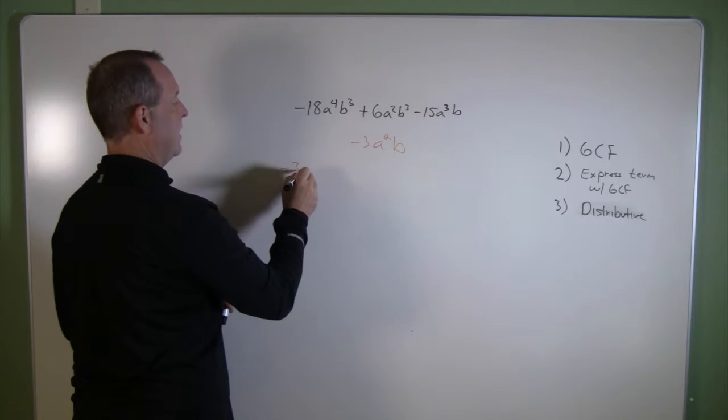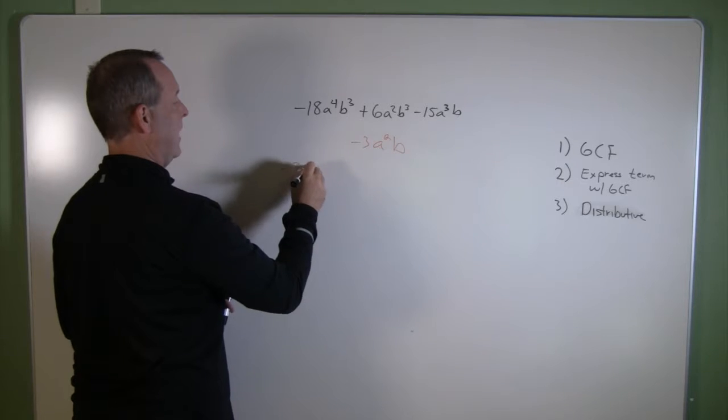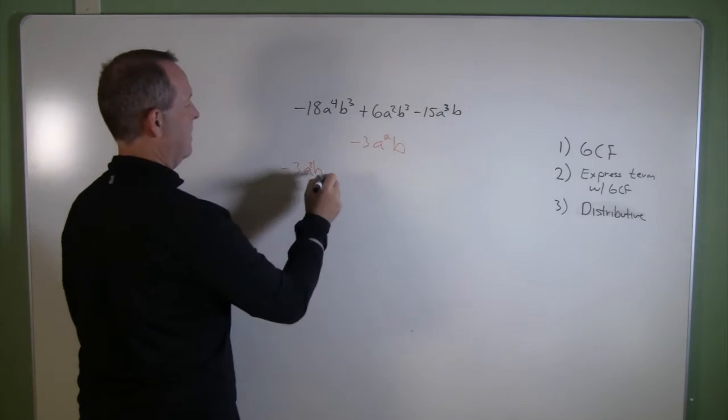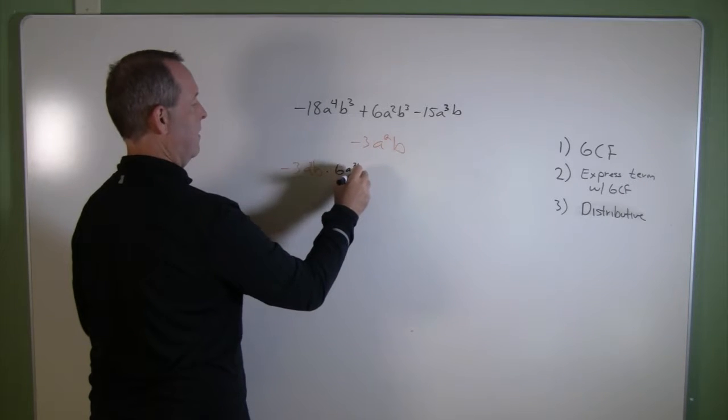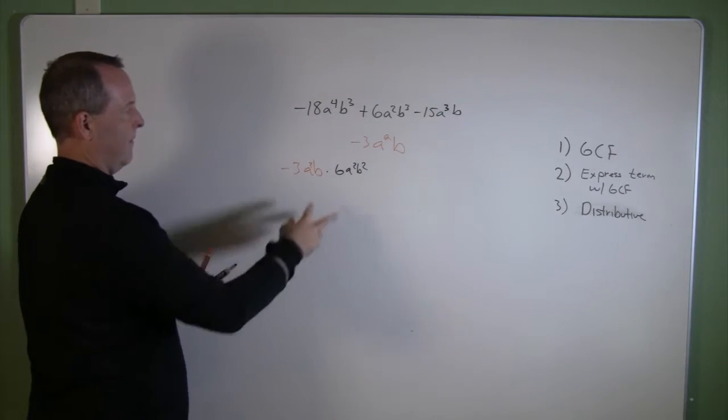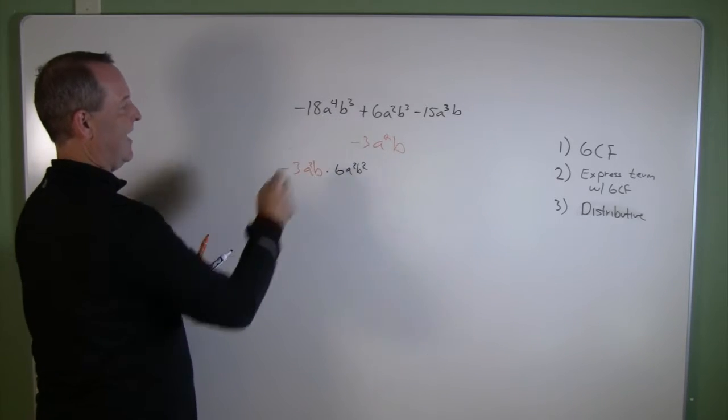So I have negative 3, a squared b, times this first term, 6 a squared b squared. If I multiply these two terms, I get that.